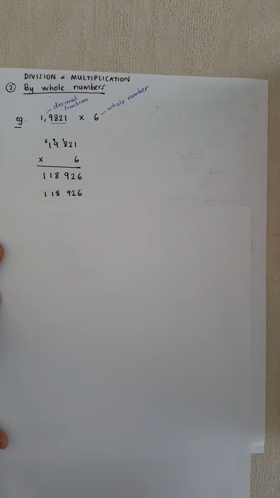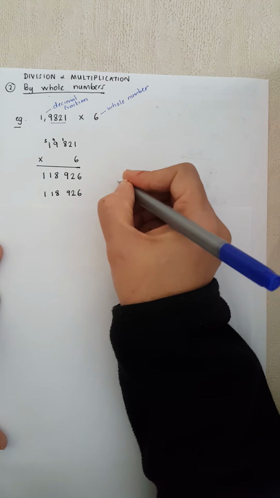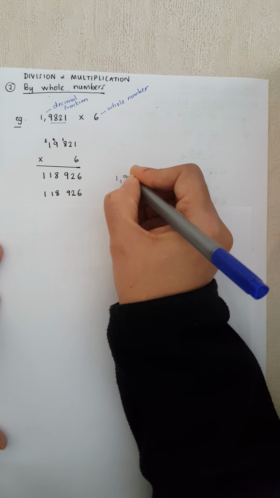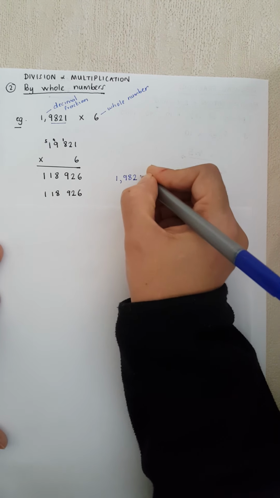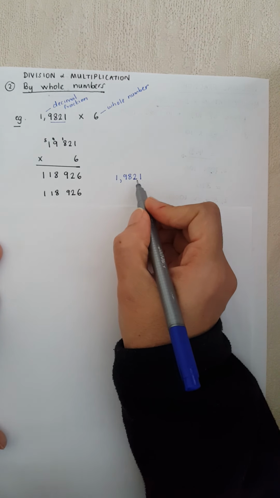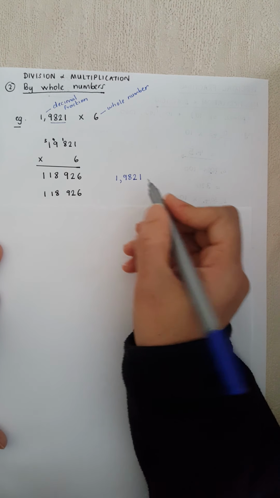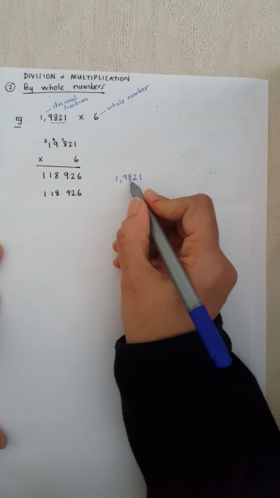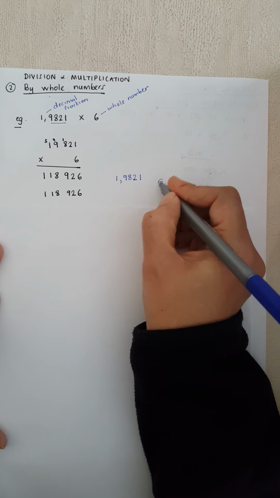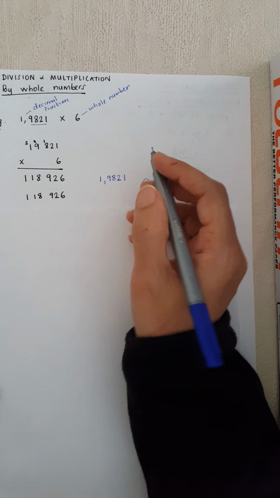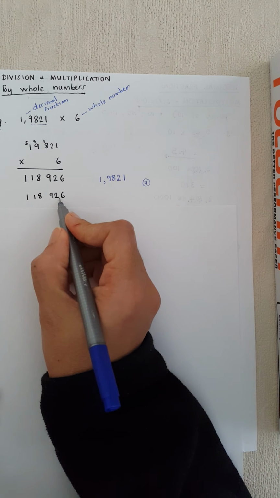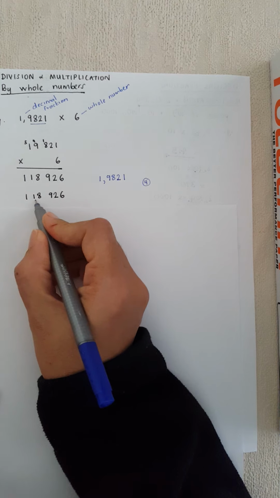Then what we do is we look at our question, the decimal fraction part of it, 19821. And we count how many places there are after the comma. So there's 1, 2, 3, 4. So I've got 4 places, right? So in my answer, I count 1, 2, 3, 4.